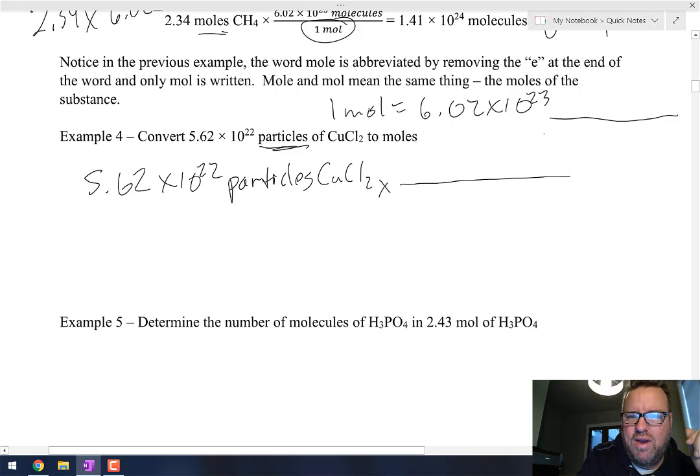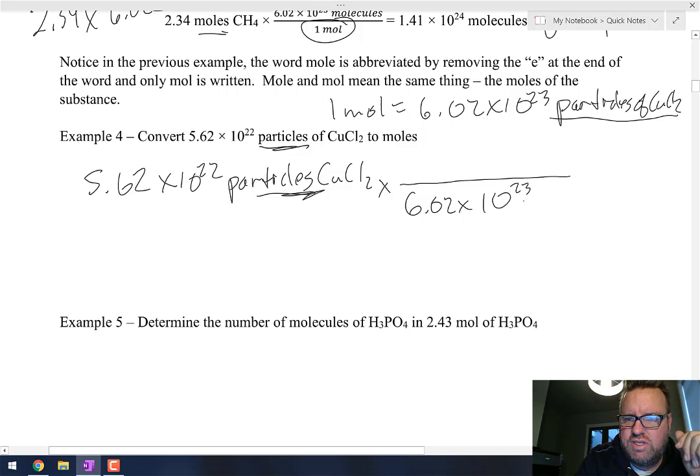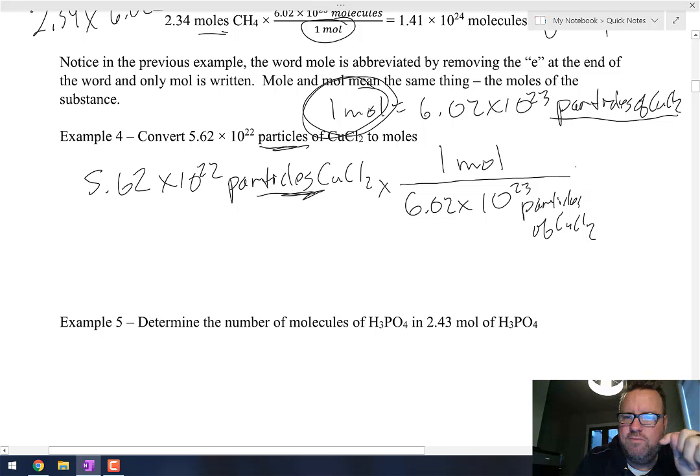Okay, because now I can say that because I have particles up here, I have to put particles on the bottom. So for this problem, it's particles of CuCl2. So 6.02 times 10 to the 23rd particles of CuCl2 is equal to, that's what goes on the top, 1 mole. Okay, and so now I can see that particles of CuCl2 are on the top, they're on the bottom, they cancel.